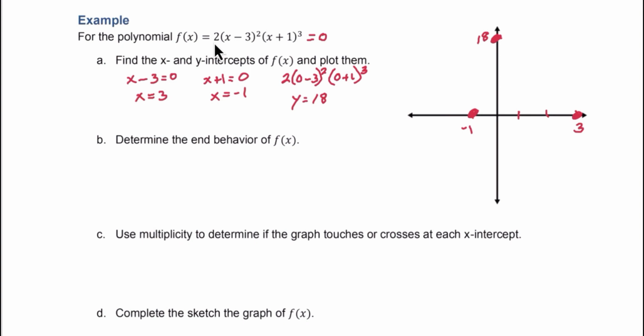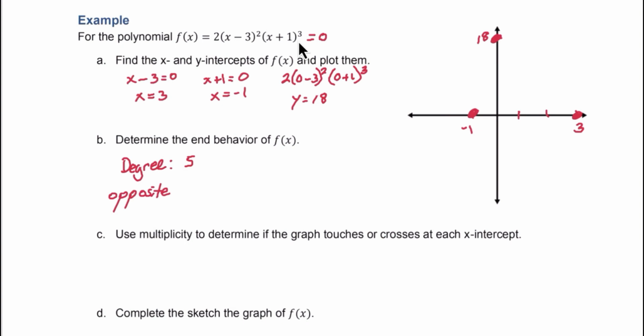Next, we'll look at end behavior. So first, we need to determine the degree. Going to the factored form, we have 2, 3, 4, 5. Counting those powers, the degree is 5. Since the degree is odd, we know that opposite things are happening. One end is pointing up and one is pointing down.